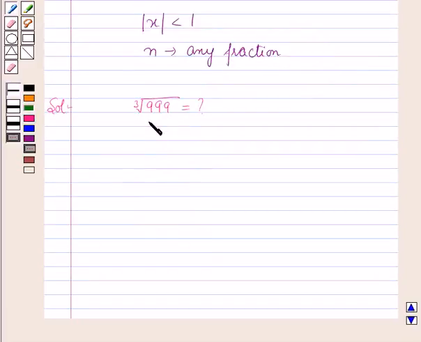The cube root of 999 can also be written as 999 raised to power 1/3, which will be equal to (1000 - 1)^(1/3), which can be further written as (10^3 - 1)^(1/3).